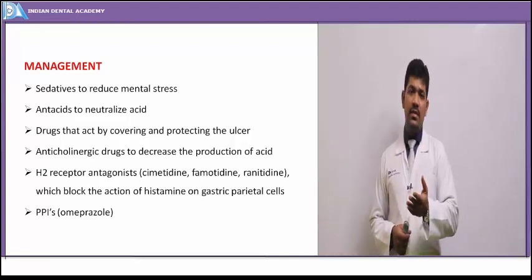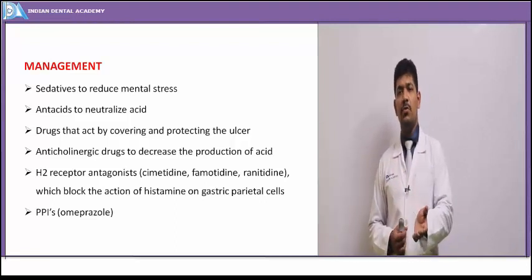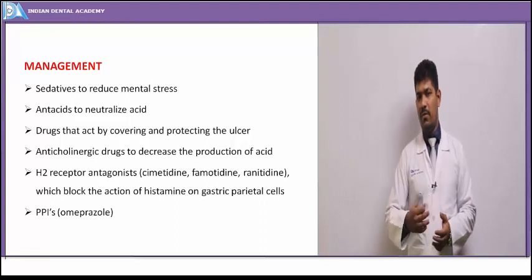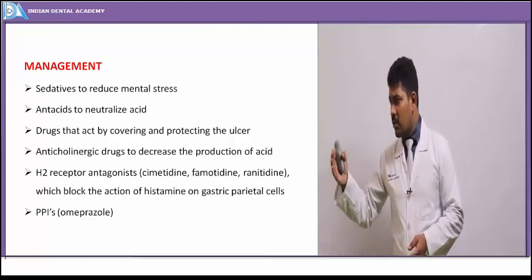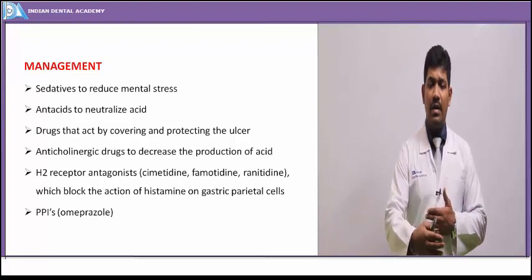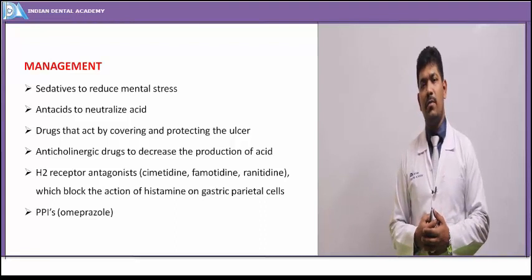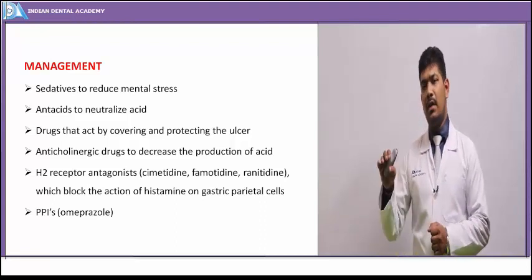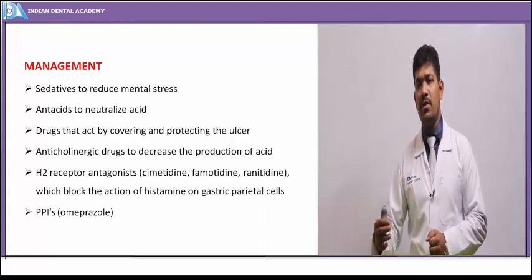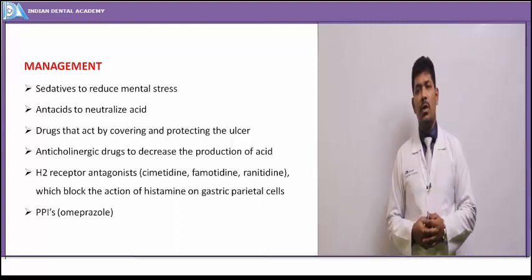And also antacids, the common antacids which are used to neutralize the acid found within the stomach lining. And also other kinds of medications which can be used to reduce the production of acid or to counteract the already present acid within the stomach lining, such as proton pump inhibitors.